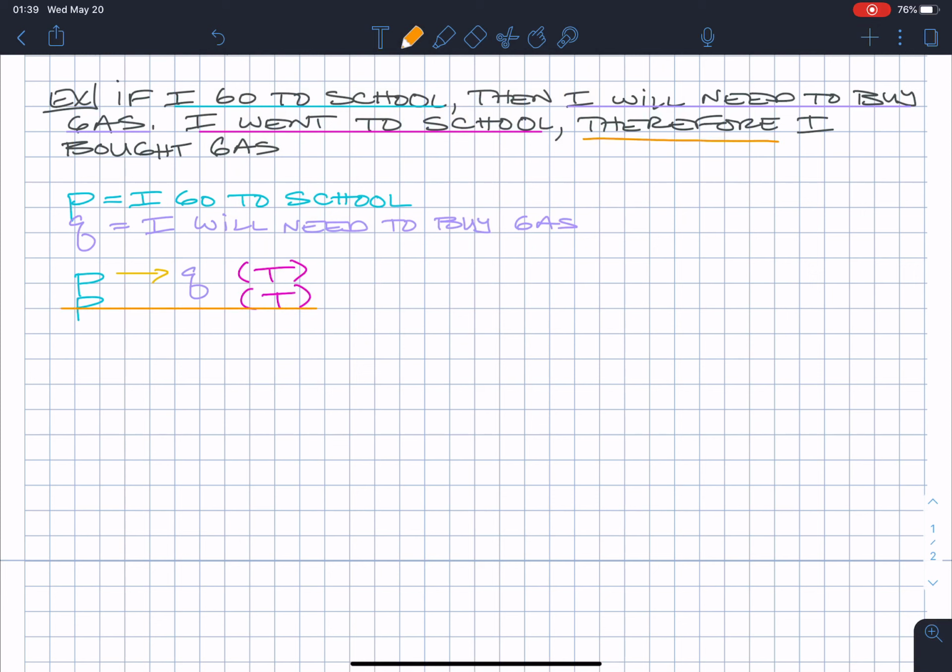Therefore, I can conclude that Q must be true. I had to buy gas. There's no way I could drive to school without buying gas. So that is modus ponens.